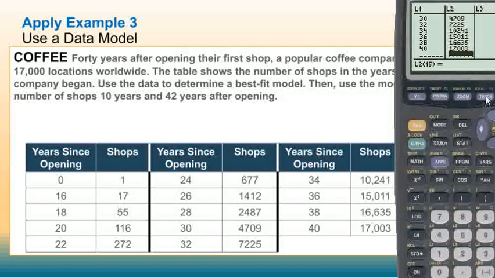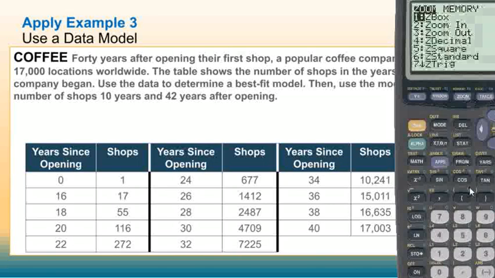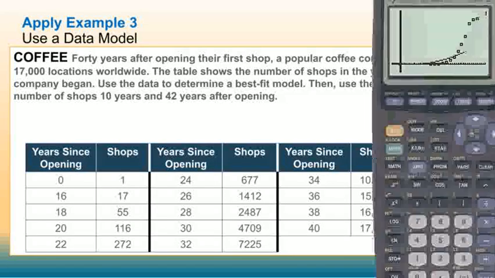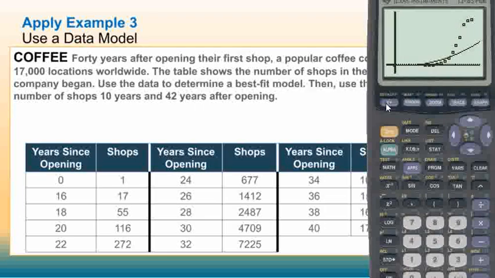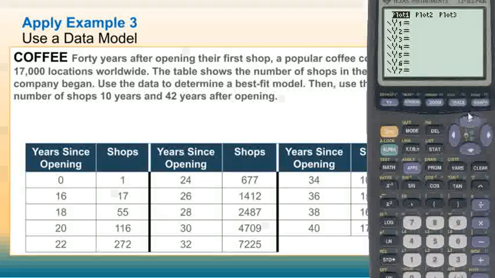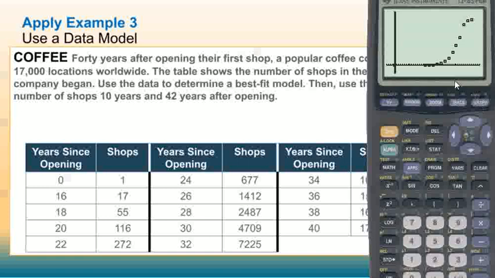Now if I go to zoom, number 9, zoom stat, we can see our graph here. Need to get rid of my line here. So the graph comes up and then it looks like it's going to come back down over here.